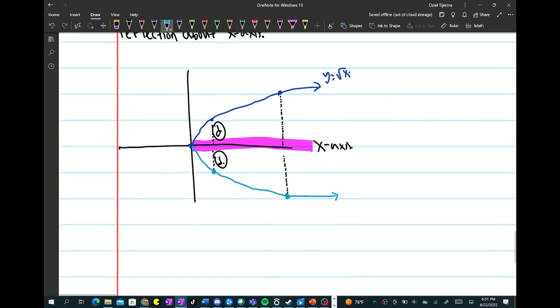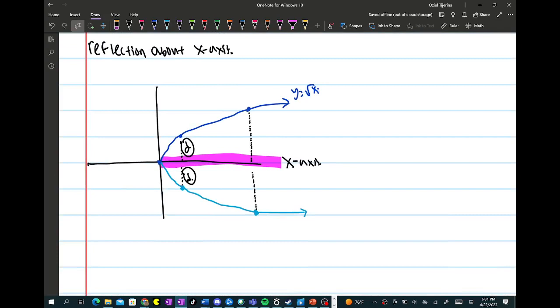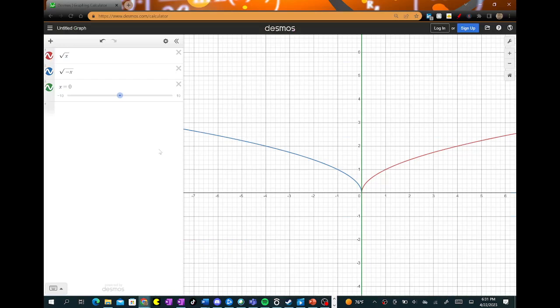When I talk about a reflection about the x-axis, and watch, guys, it's going to be negative the square root of x. So basically, it's going to look like this.